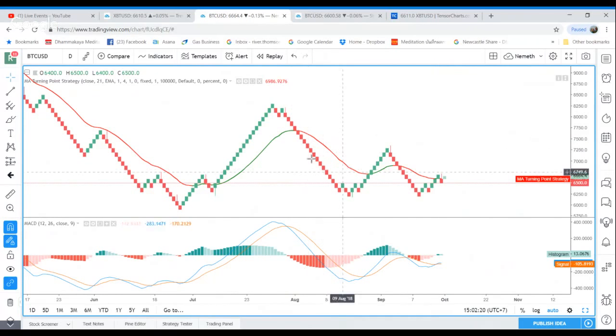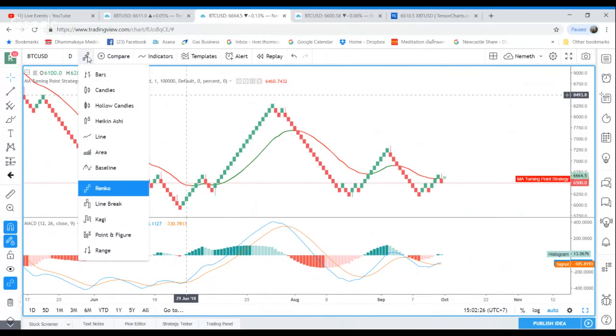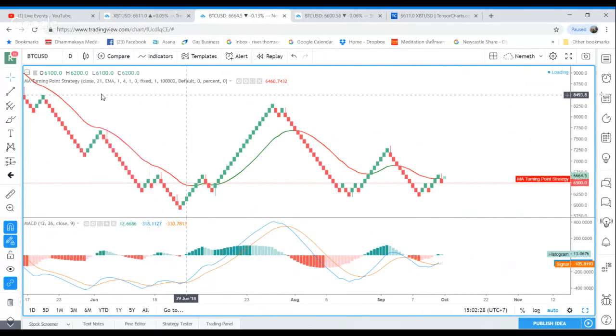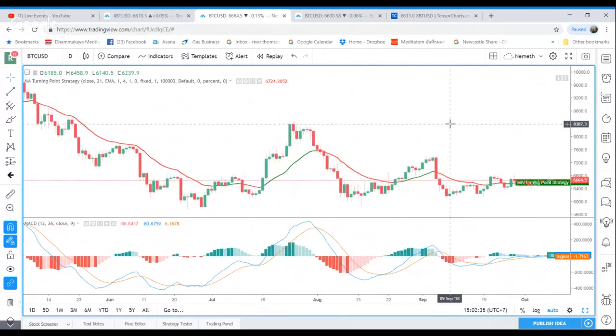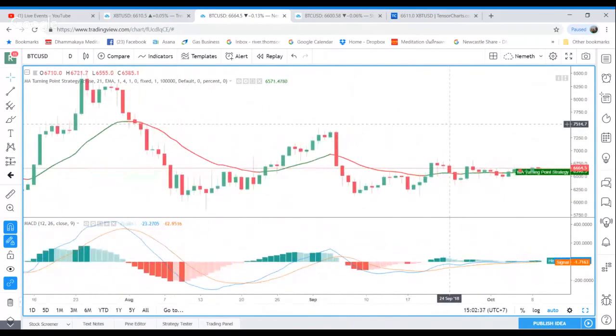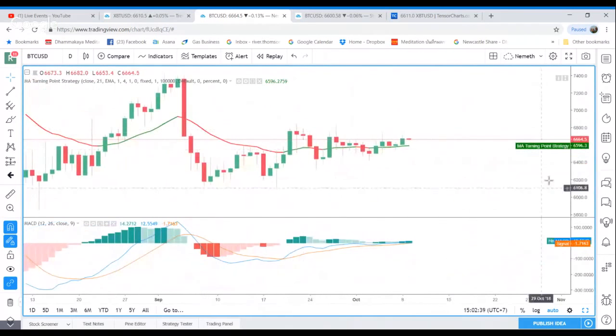So for here, he wouldn't be too bothered about this, which on the daily, actually, just check. On the daily, the EMA 21 is currently at 6596.